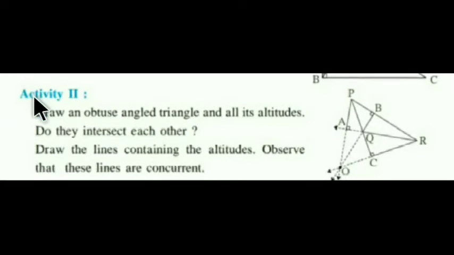Let us see activity number 2. Draw an obtuse angle triangle and all its altitudes. Do they intersect each other? Draw the lines containing the altitudes. Observe that these lines are concurrent. So let us do this activity.